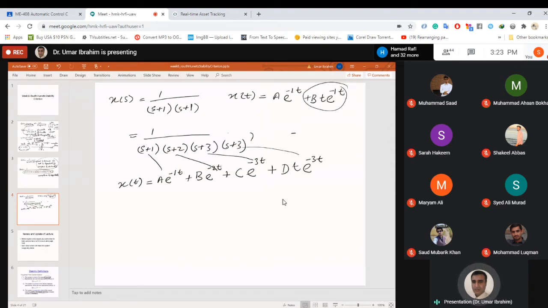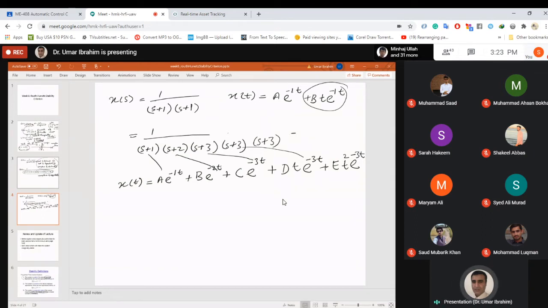If we have one more pole, s plus 3, which is again repeated, then the response will have t square e raised to the power -3t. Is it clear, students? You have done partial fractions.